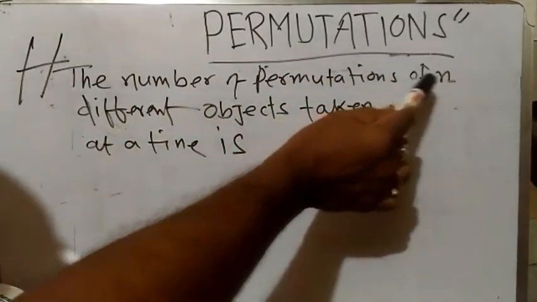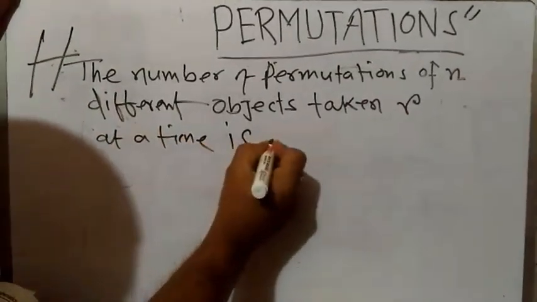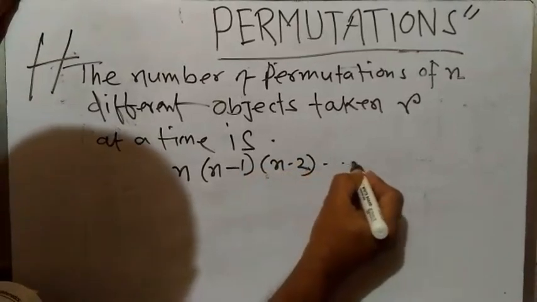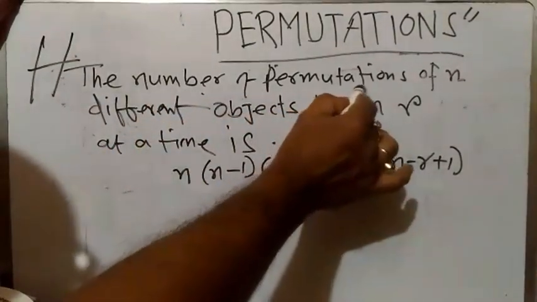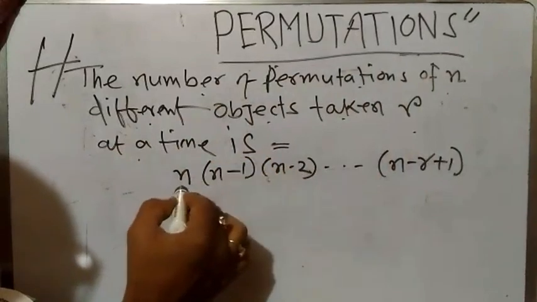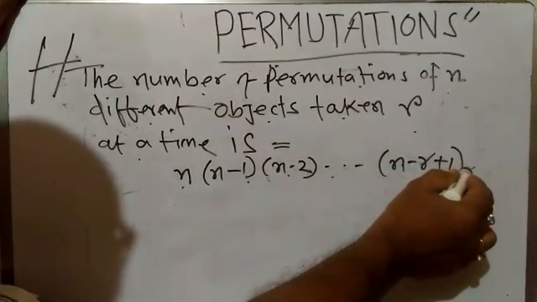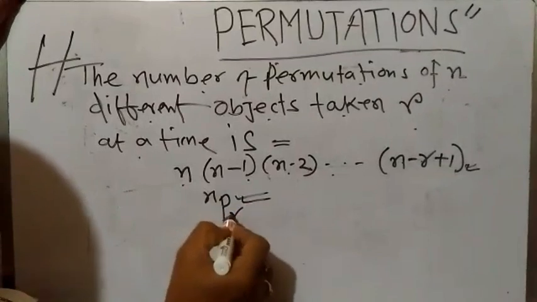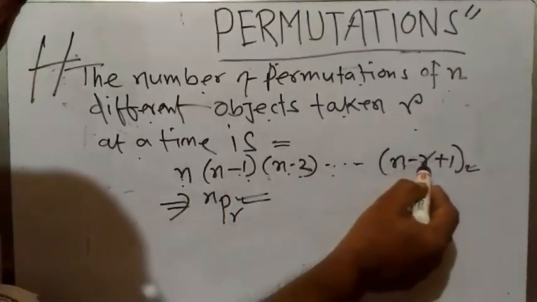The number of permutations of n different objects taken r at a time is, write down, n into n minus 1, n minus 2, up to n minus r plus 1, which is denoted by nPr. P represents permutation.